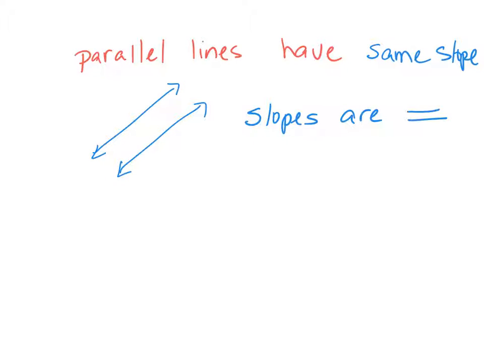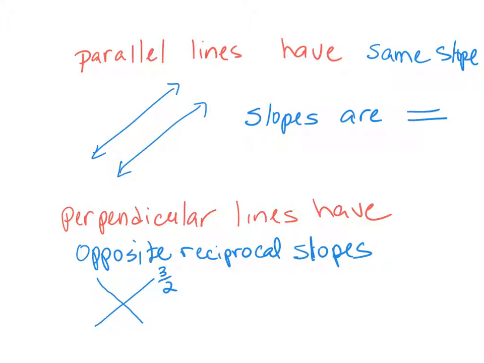Now, what about perpendicular lines? Does anybody remember? They're opposite. Almost. You have to flip it, 2/3, and change its sign. Two things. It's two words, opposite, which means the opposite sign, and also the reciprocal, okay?